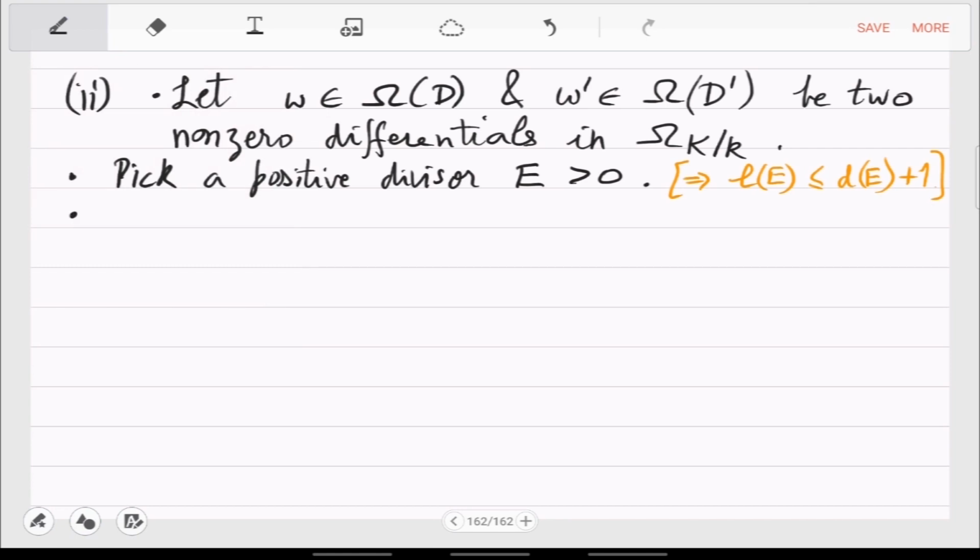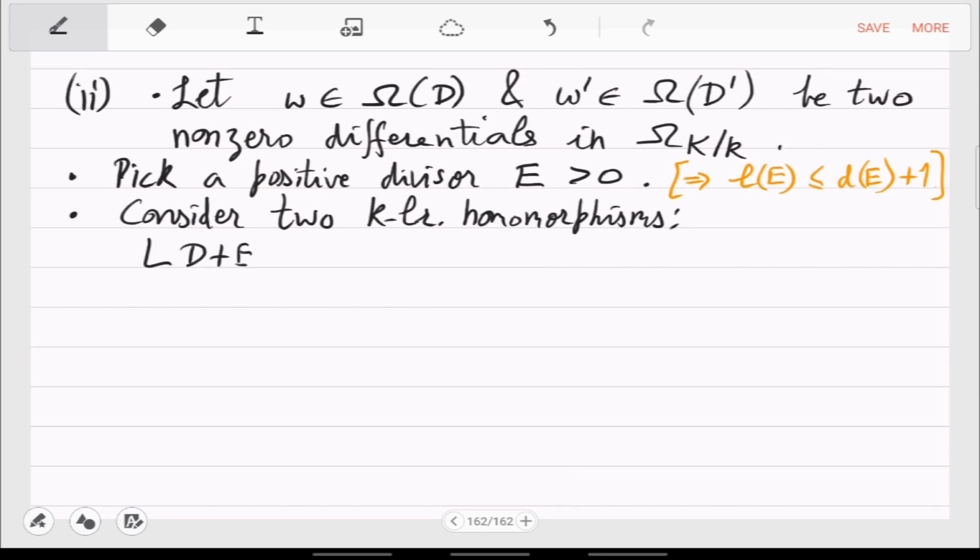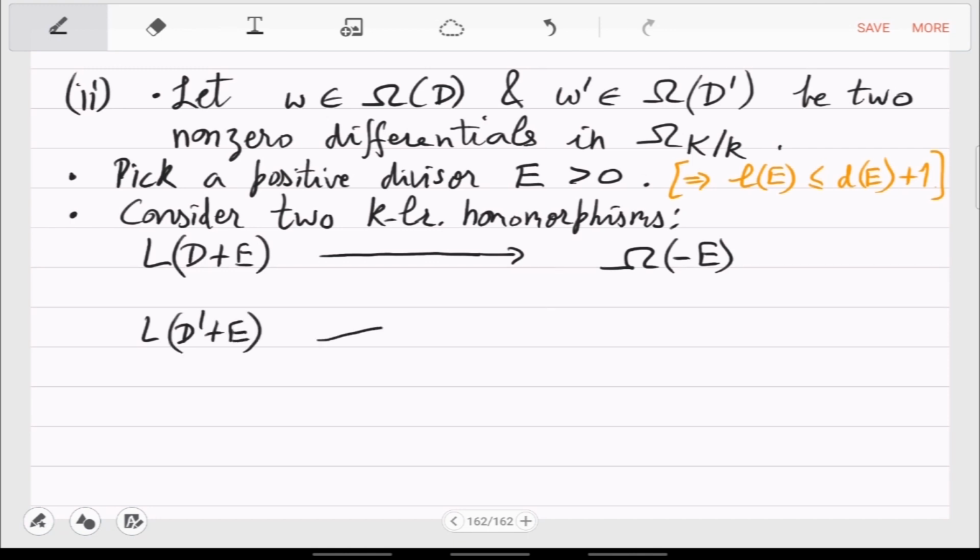And now the abstract proof will be: consider two K-linear maps, one from L of D plus E, and the other from L of D prime plus E. So how do you map a function to a differential?